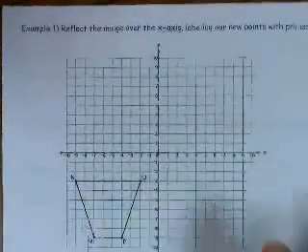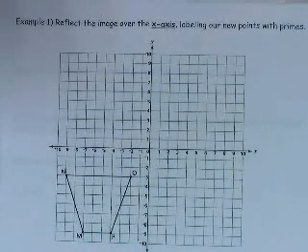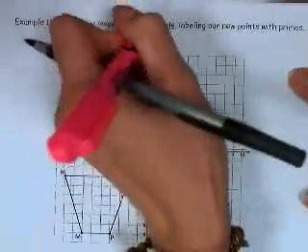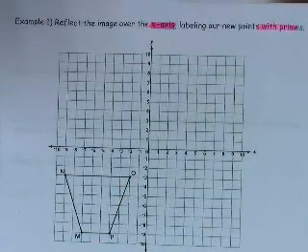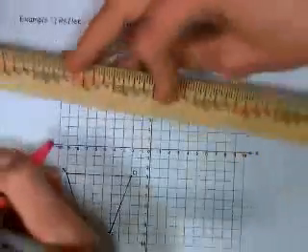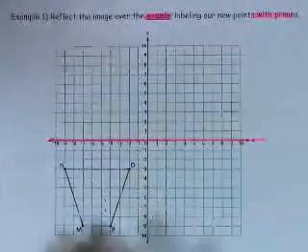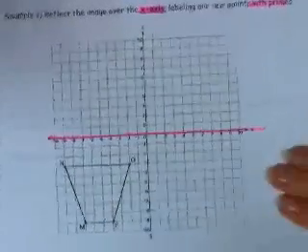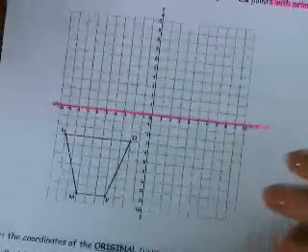The directions say reflect the image over the x-axis, labeling our new points with primes. Once again, those points with primes are going to indicate our image. I'm going to draw my line of reflection, which happens to be right here. I'm going to highlight that in pink so that you can see it. If I were to fold this paper in half right along the line of reflection, this is going to be moved from top to bottom.